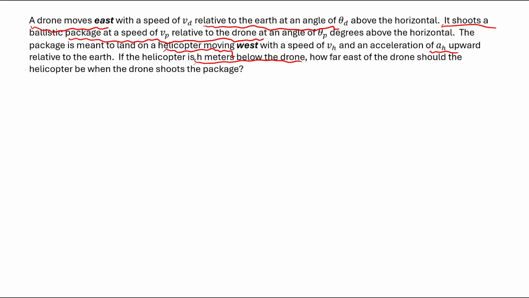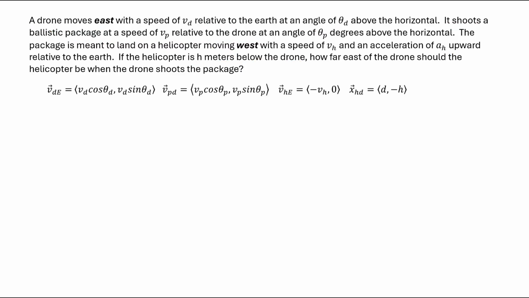One of the problems with it is that the information is given in multiple reference frames. Let's actually collect all the information that's given in the problem. They give us the speed of the drone relative to the Earth. That's here. They give us the speed of the package relative to the drone. That's here. So the ballistic package, and that's relative to the drone.